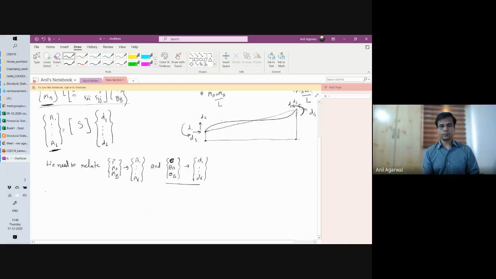So we know that E would be equal to D1 minus D4. Correct. And theta A will be equal to, in this particular case, this is your theta A.